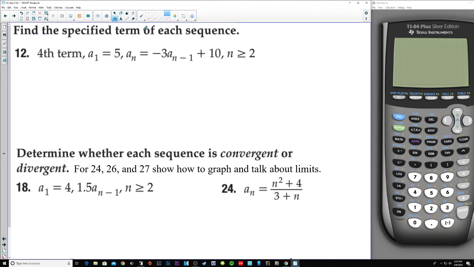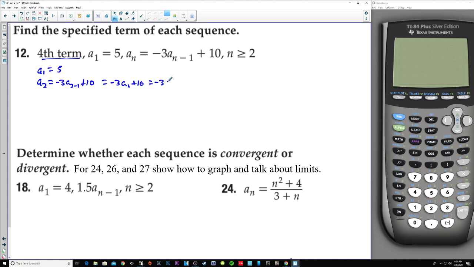Find the specified term of each sequence. So here we want the fourth term. So we have the first term, that's just given to us. Then a sub 2, the second term, is negative 3 a sub 2 minus 1, because we're plugging 2 in for n, and then plus 10. So that's negative 3 a sub 1 plus 10. A sub 1 is 5.